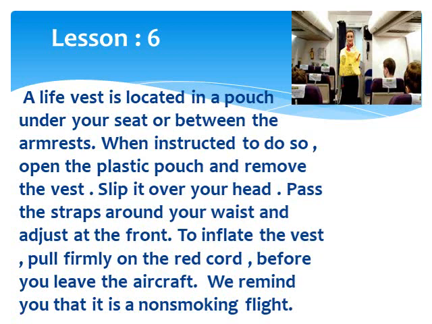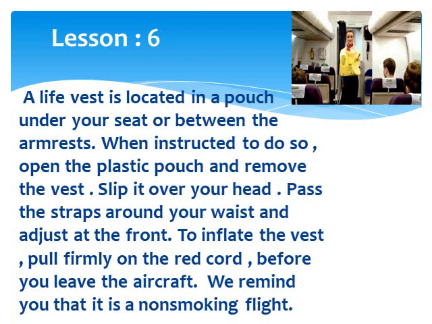So this is the instructions to be followed during an emergency. And in an emergency, if the passengers need a life vest, they are informed where the life vest is located. So it is located in a pouch.